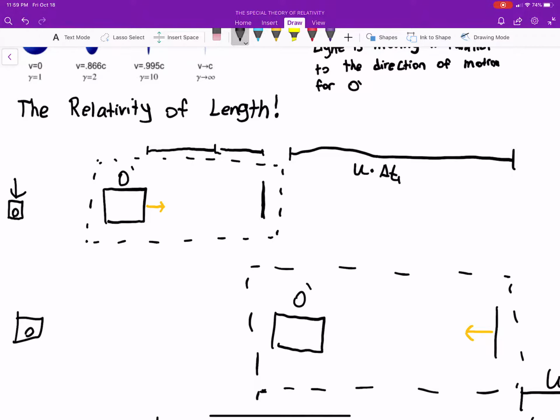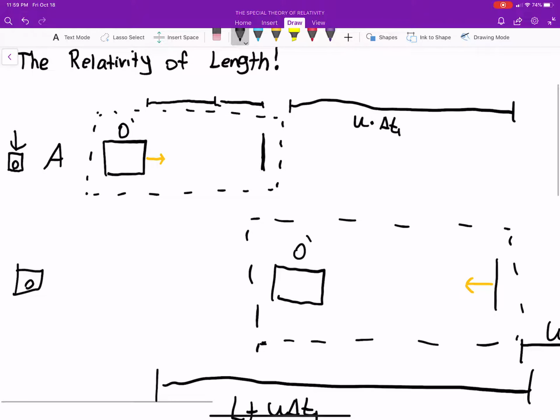In this first part, we'll say A, the light's being emitted, and it's still a distance L from the device to the mirror, moving at a speed u. At some time later, we'll say delta t1, we get to B, and there the light hits the mirror and starts reflecting back.